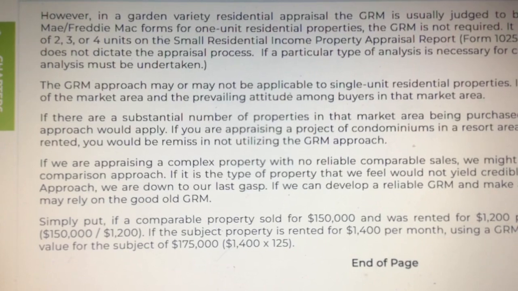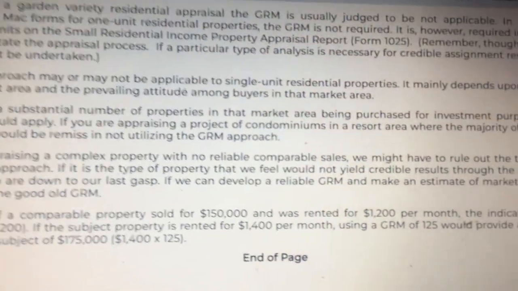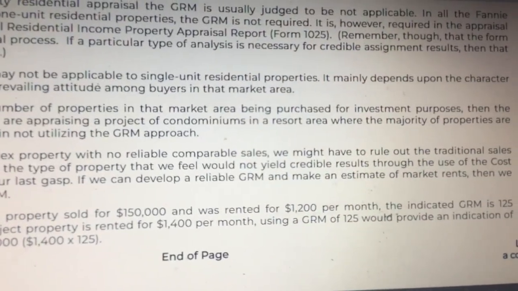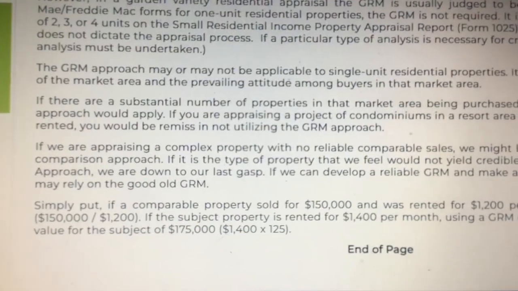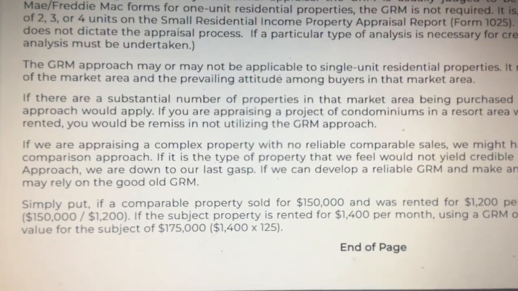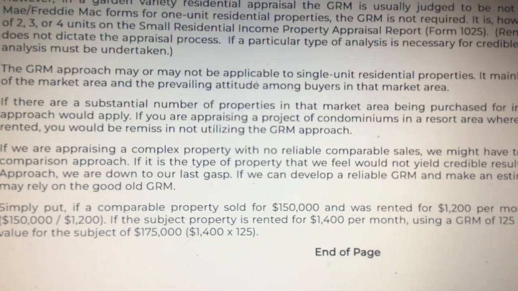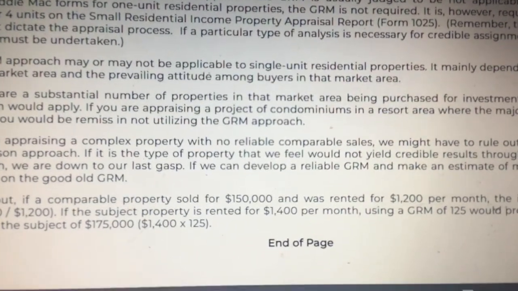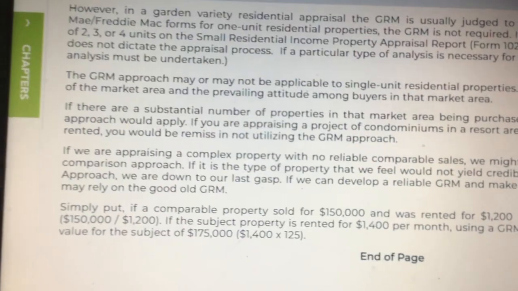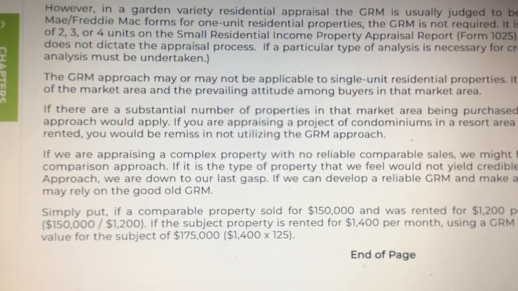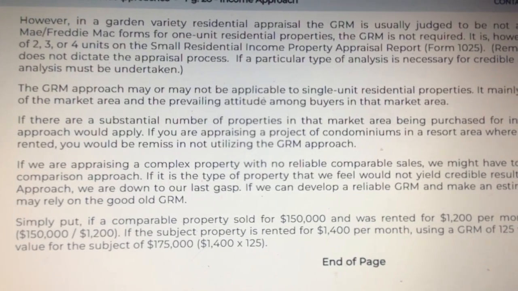If there are a substantial number of properties in that market area being purchased for investment purposes, then the approach would apply. If you are appraising a project of condominiums in a resort area where the majority of properties are rented, you would be remiss in not utilizing the GRM approach.